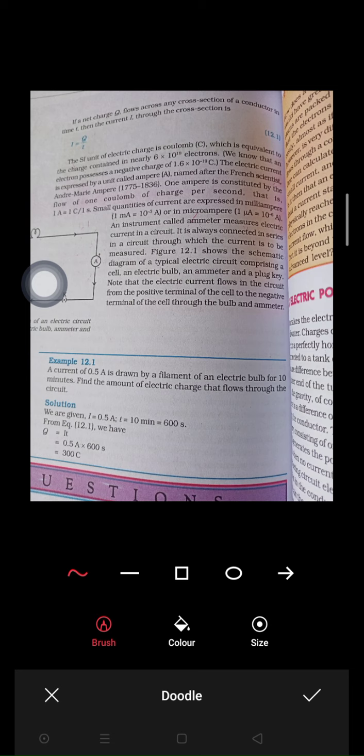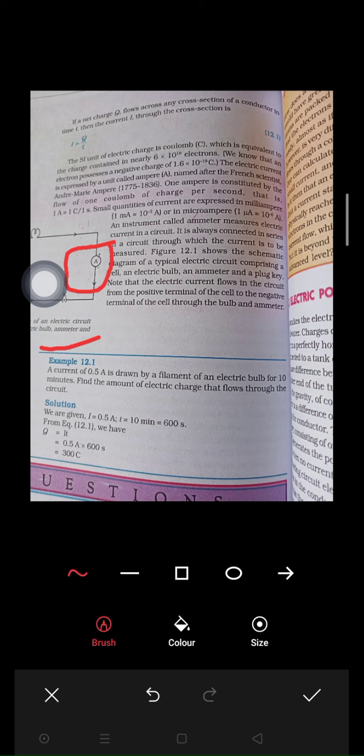An instrument called ammeter measures electric current in a circuit. It is always connected in series in a circuit through which the current is to be measured. Here there is a figure about that.